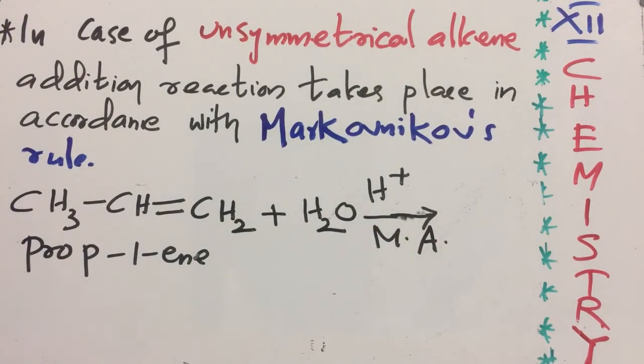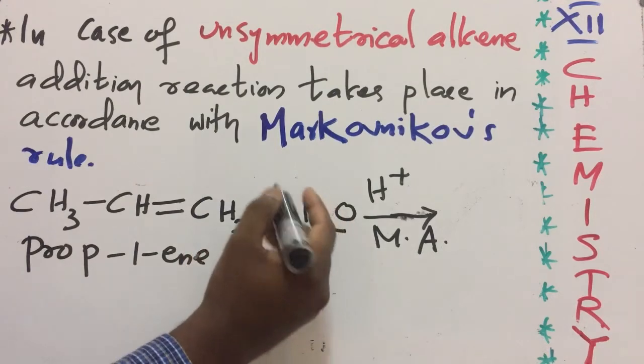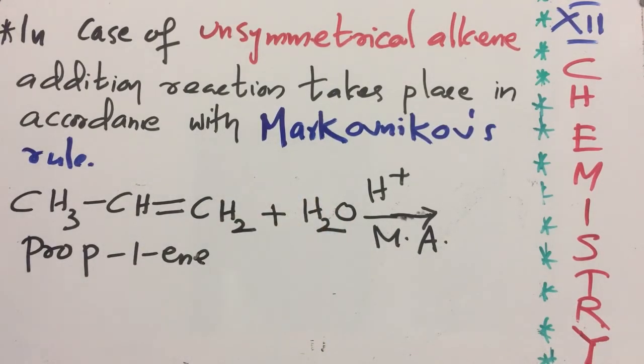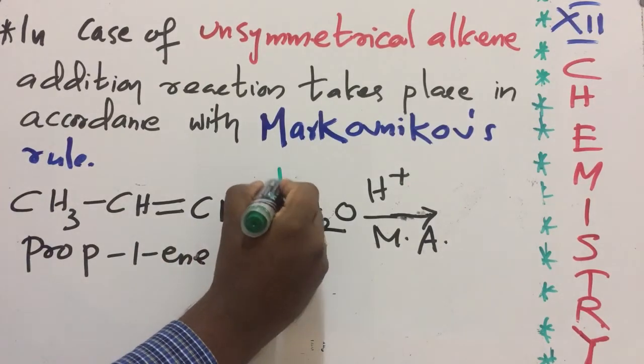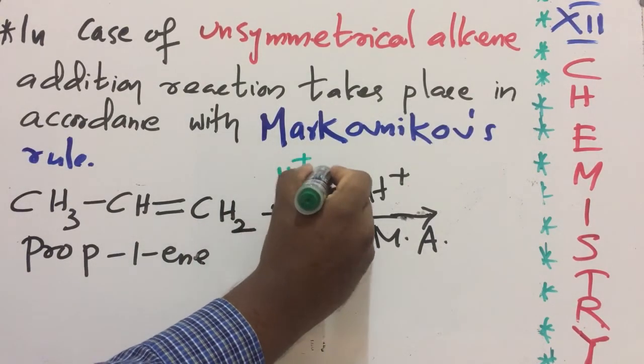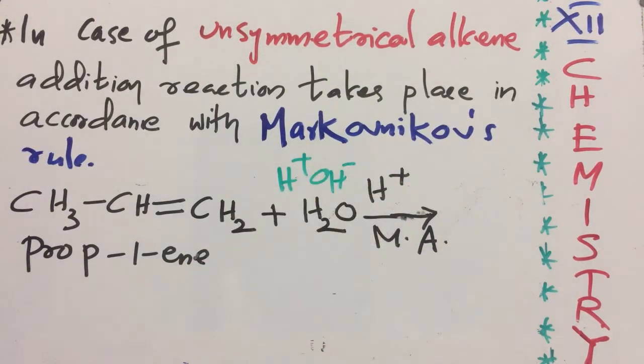Do you remember Markovnikov's addition? We learned it in class 11th. What is Markovnikov's addition? The negative part of the reagent is added to the carbon containing lesser number of hydrogen in the case of unsymmetrical alkene. Okay, so H2O, how can we write it? H2O can be written like this: H plus and OH minus.